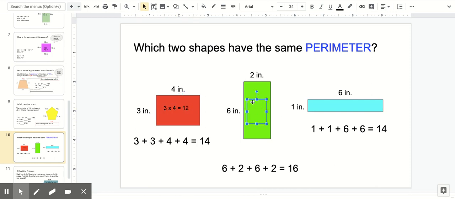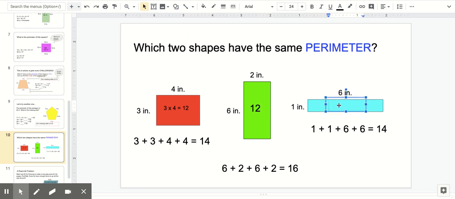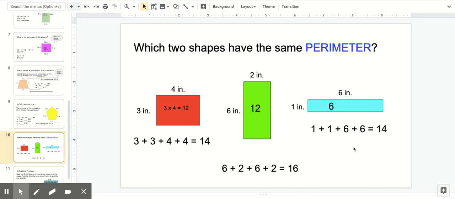Let's think about the area of this one. 6 times 2. What is 6 times 2? 12. Those two have the same area. Look at this one. 1 times 6 is 6.